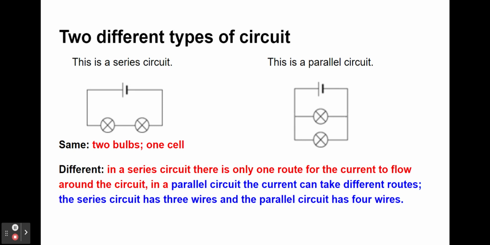The series circuit's got 3 wires and the parallel circuit has 4. So write down the key differences between series and parallel circuits and really make the point that in a parallel circuit, the current can pass through different branches, whereas in the series circuit, there's only one loop that the current can travel through. So you can pause the video and you can do that.